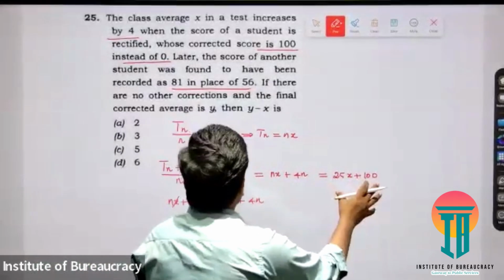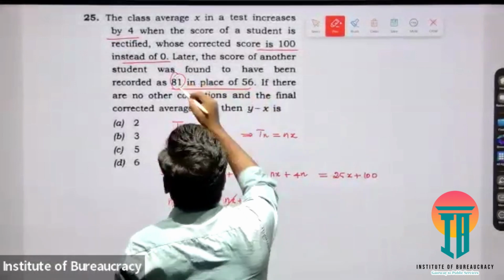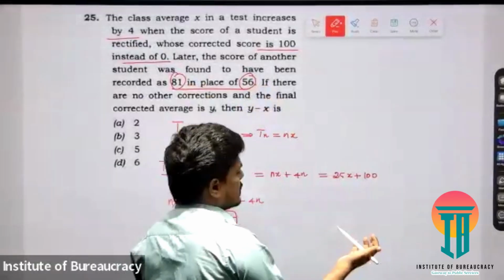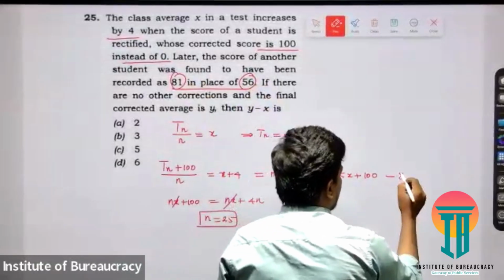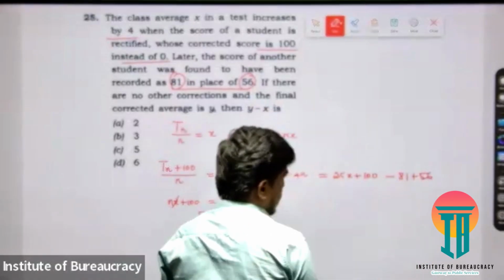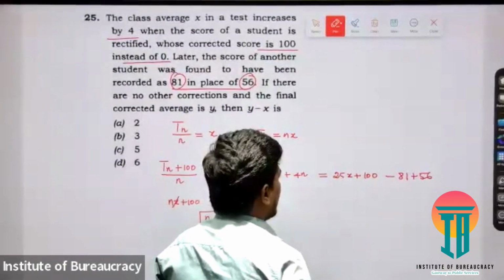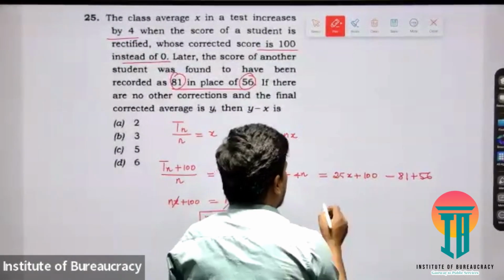In this total, one more correction they are making. 81 is a wrong number, 56 is the right number, they are replacing. Therefore, you need to subtract 81, you need to add 56. So this is going to be minus 25.